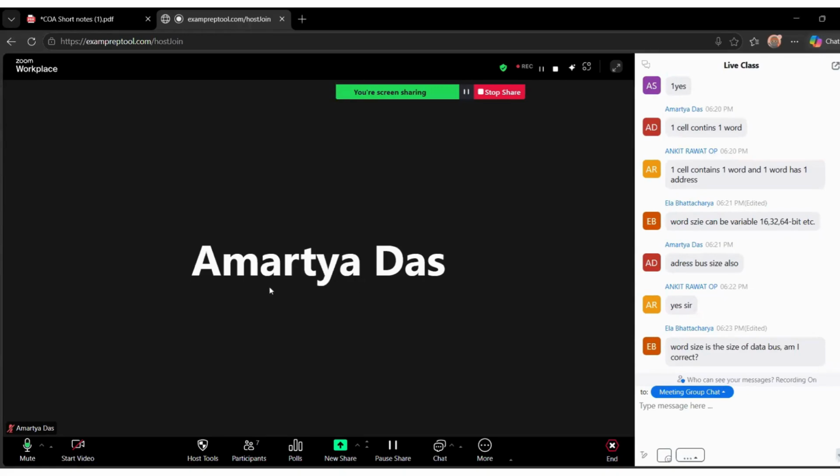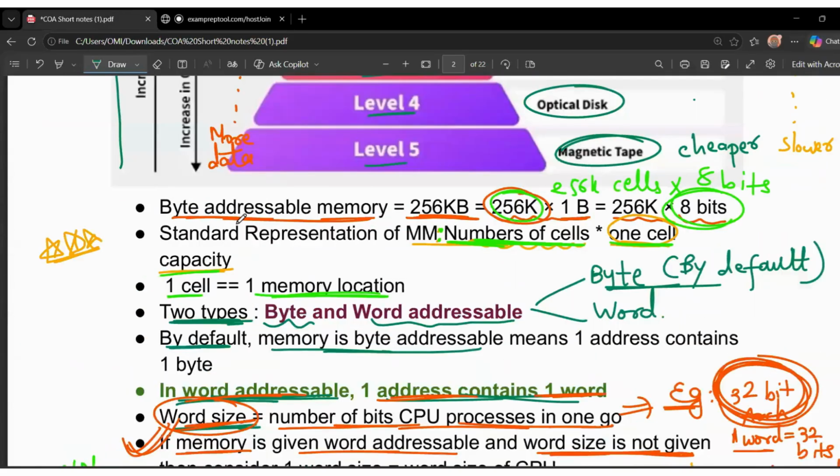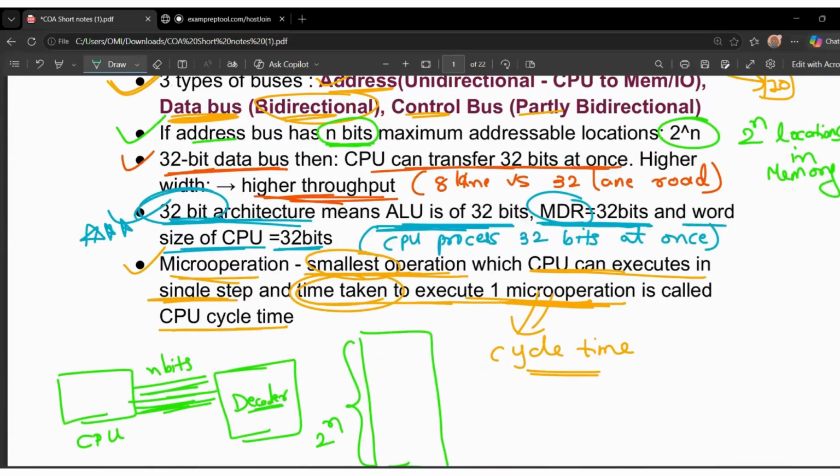Word size is the size of the data bus. See here also I have given: 32-bit architecture, which means the ALU is 32 bits, and the MDR, the memory data register, is also 32 bits, and the word size equals 32 bits.